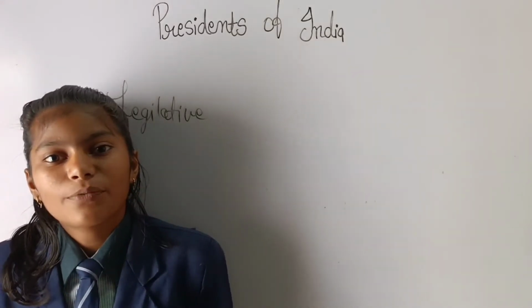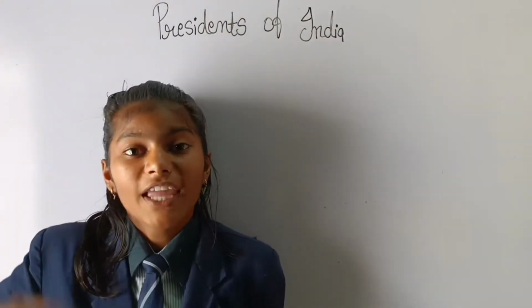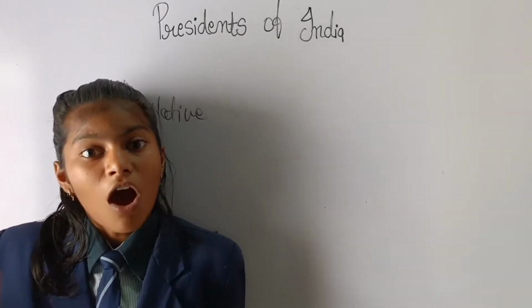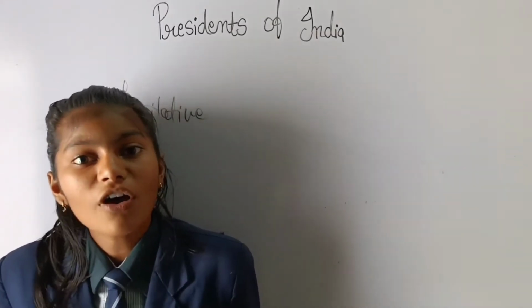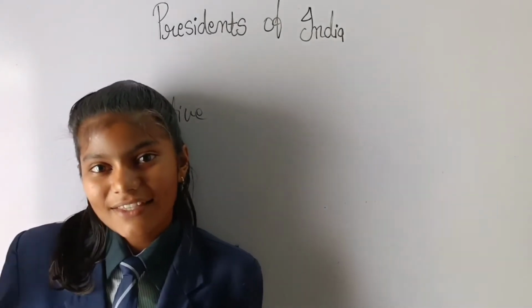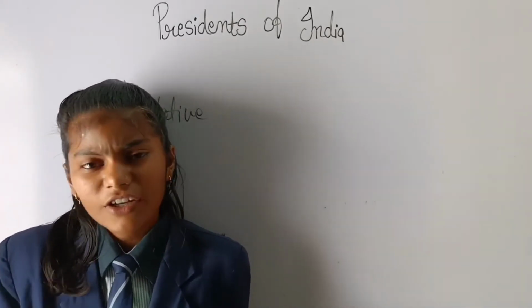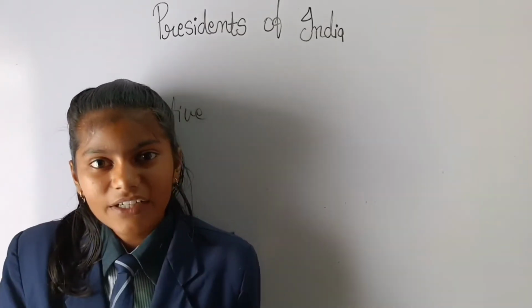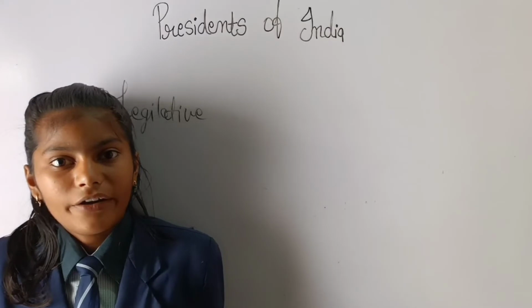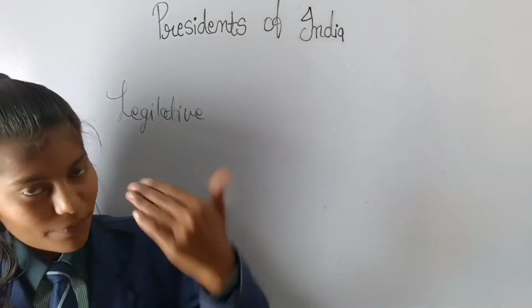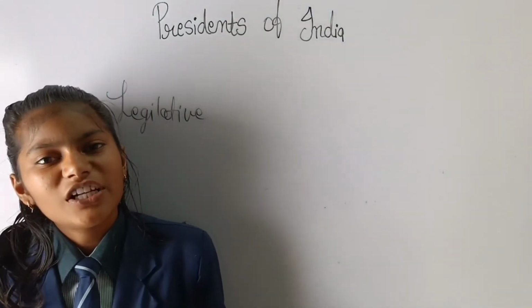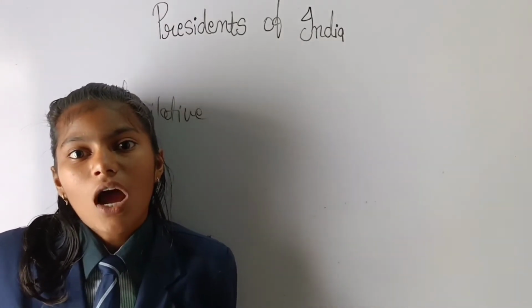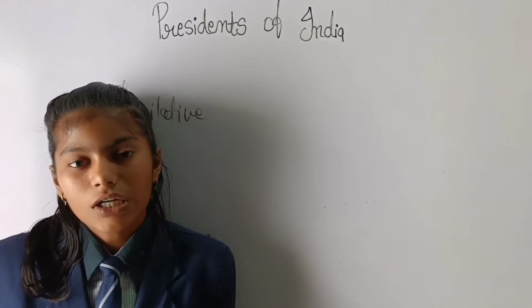Financial power is also provided: a money bill can never originate in either house of the parliament, upper or lower, before the President says yes. A money bill is a kind of bill presented in the parliament, which defines how much money is borrowed by the country according to the national income and all that.